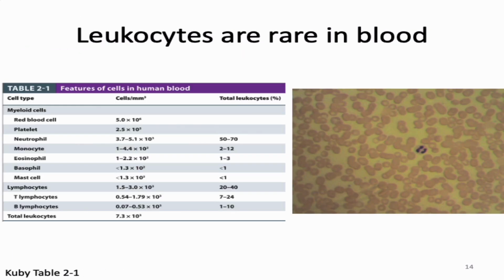Those cells are really rare in the blood in the first place. And so if you want to actually start to understand what's really going on with those cells, you need to look at a lot of sample. You need to look at a lot of cells.